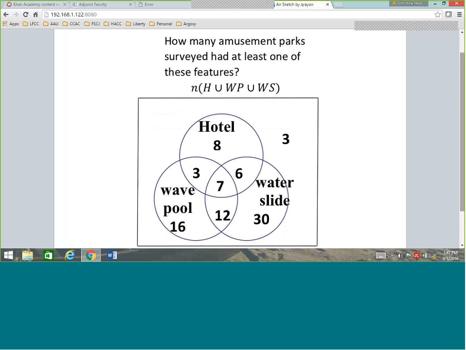All right, let's take a look at the next question. How many amusement parks surveyed had at least one of these features? So could have two, could have all three. And so basically, we're looking at everything that's inside that region where all of the circles are.